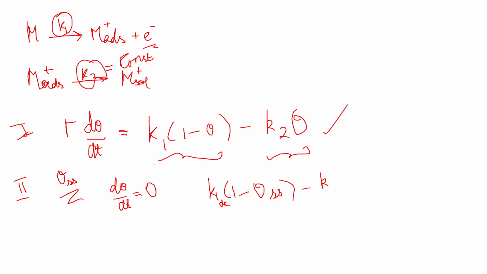I can write K1 as K1 DC in case of steady current, otherwise I can write K1 AC. K1 is a function of DC and AC, but K2 will be a constant. I don't have to write a subscript for K2. Is that clear? Why is it K1 DC and K2 as such? Is it clear?